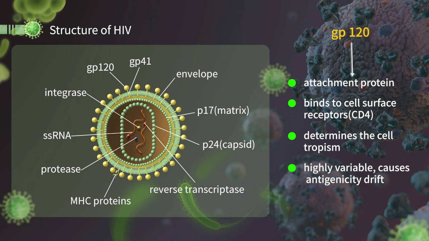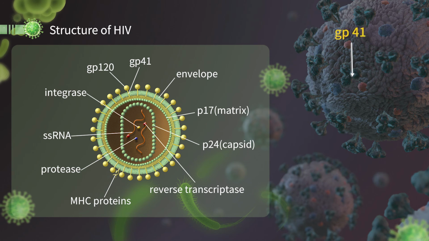These factors impede antibody clearance of the virus and create difficulties for an ideal vaccine development. The subunit GP41 is a fusion protein, which promotes the viral fusion with the cell membrane.